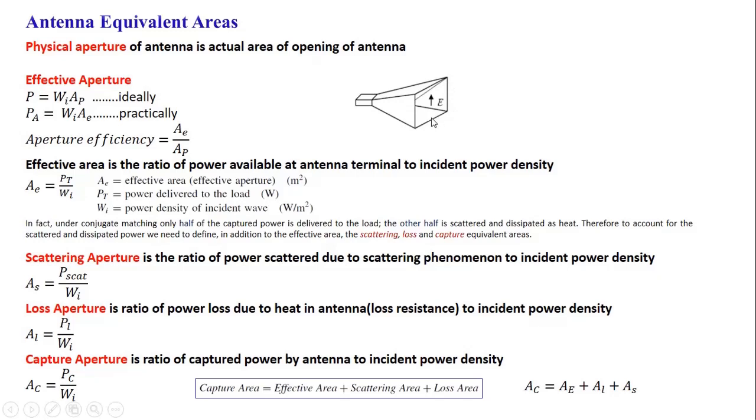This is the pyramidal horn antenna with a rectangular shape with length and breadth associated with it as A and B. So the area of this opening will be A into B, the length into breadth. The physical aperture of the antenna is the actual area of opening of the antenna. The area of this opening of the antenna is called the physical aperture.